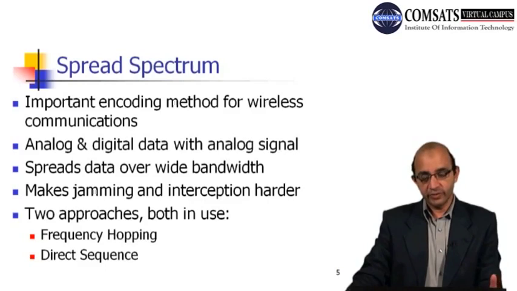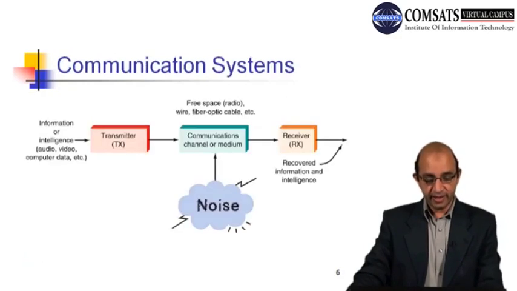So in both cases we can use this analog signaling technique. It spreads data over wide bands, and it's very difficult for jammers and interceptors, right? So we have two approaches I've mentioned. One is frequency hopping and the other one is direct sequence.